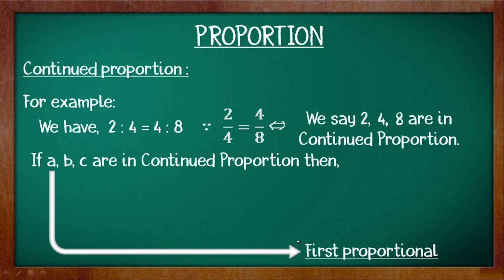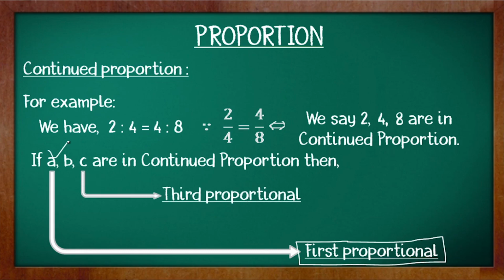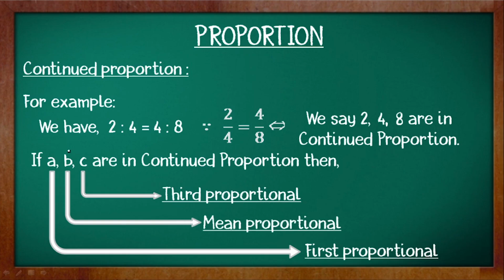The term c is known as the third proportional, and the term b is known as the mean proportional. The first one is the first proportional, the third one is the third proportional, and the middle one is the mean proportional. These are the terms that are related with continued proportion.